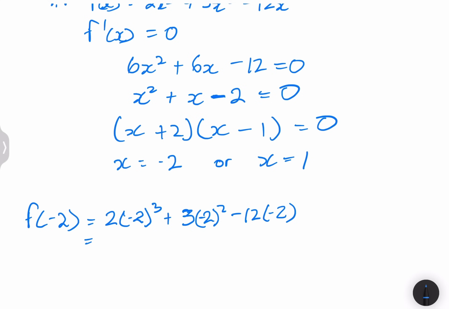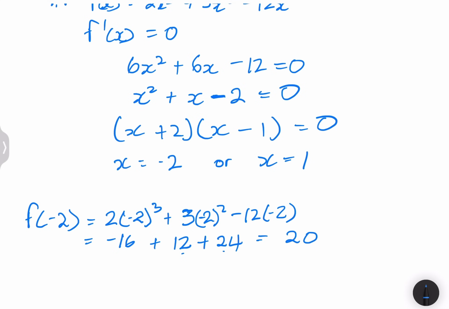So we get, 2 cubed in this case is 8, negative 8 times 2, that will give us minus 16, plus negative 2 squared is 4 times 3, that will give us 12. And in this case, negative 12 times negative 2, that will give us 24.